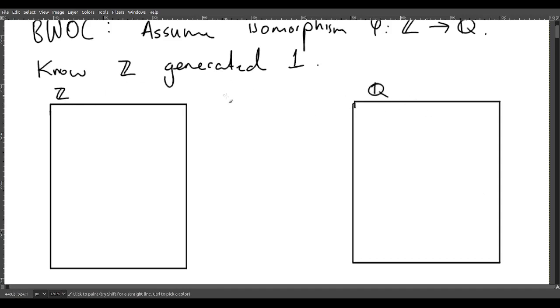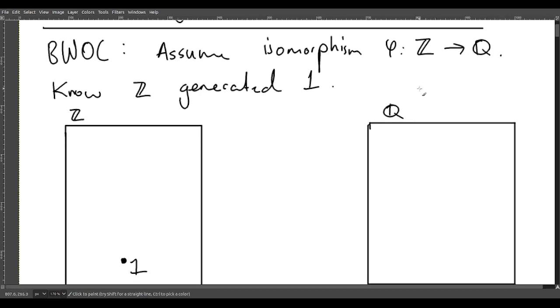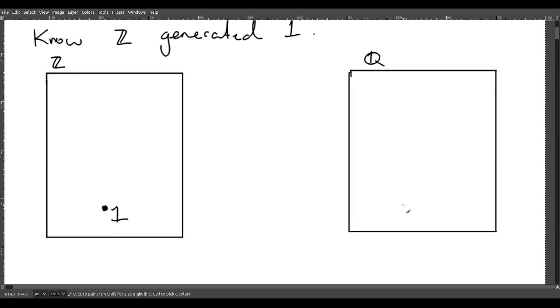So we know that the integers are generated by the number 1, then by the lemma before, because an isomorphism is a bijection, and a bijection is an injection and a surjection, we have a surjection from a group which is generated by one element to another group, which therefore means, by the previous lemma we just proved, the rational numbers should be generated by a single element. Okay, and that single element is going to be whatever phi of 1 is.